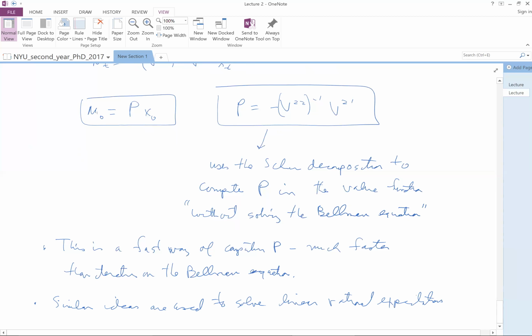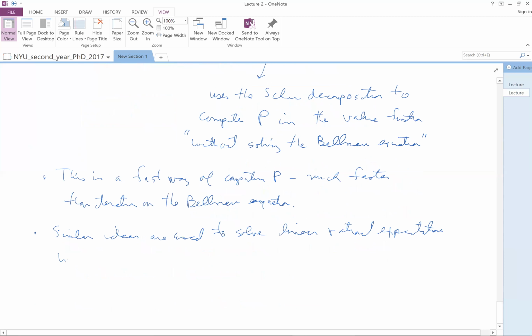in which half the eigenvalues satisfy lambda strictly less than 1 over root beta, and half are explosive.